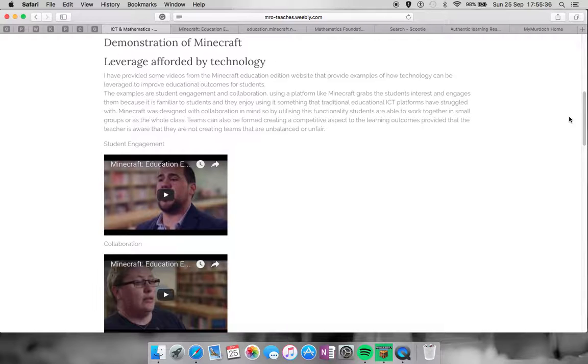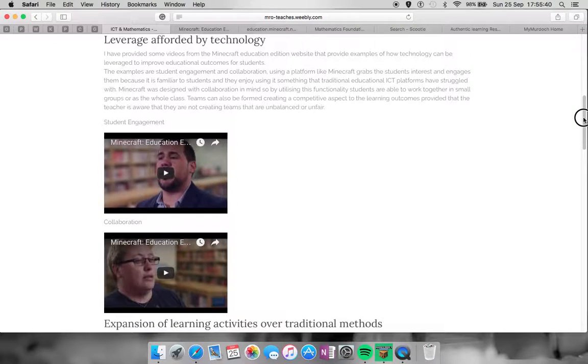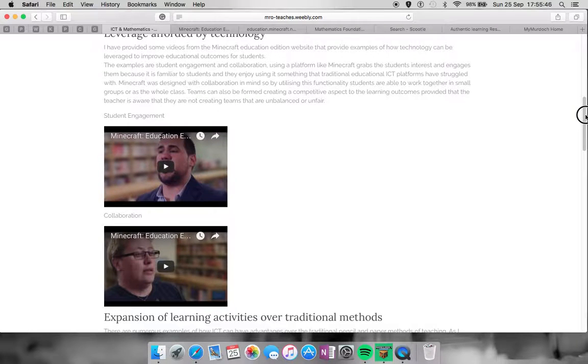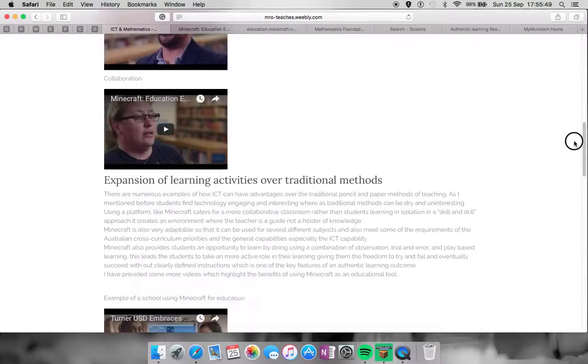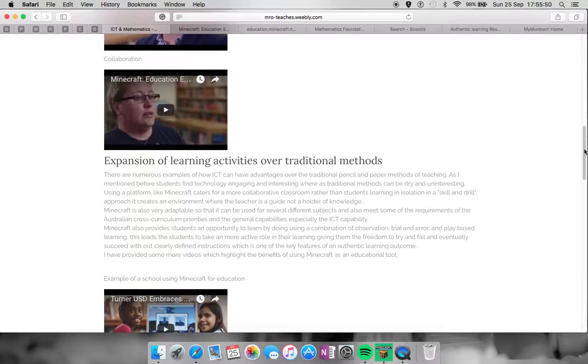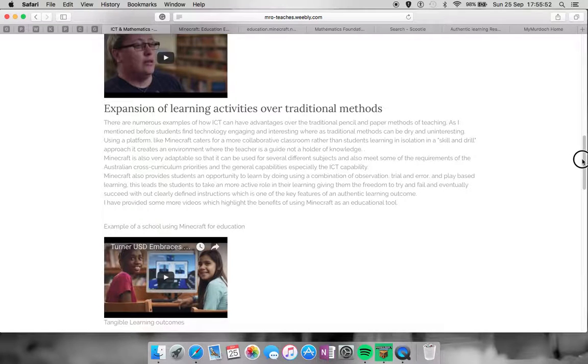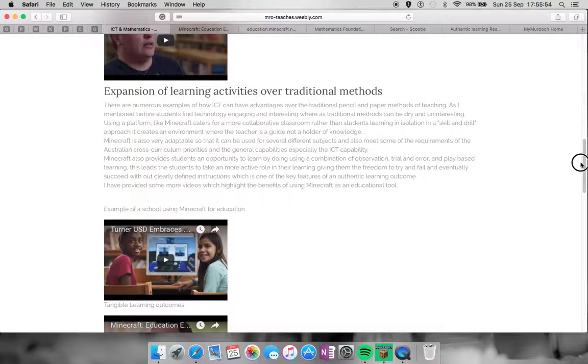As you can see, Minecraft is something that the kids are probably familiar with, something that they enjoy. It's very interactive. It's a very student-centered way of teaching perimeter. The teacher is more of a guide than the holder of the knowledge.